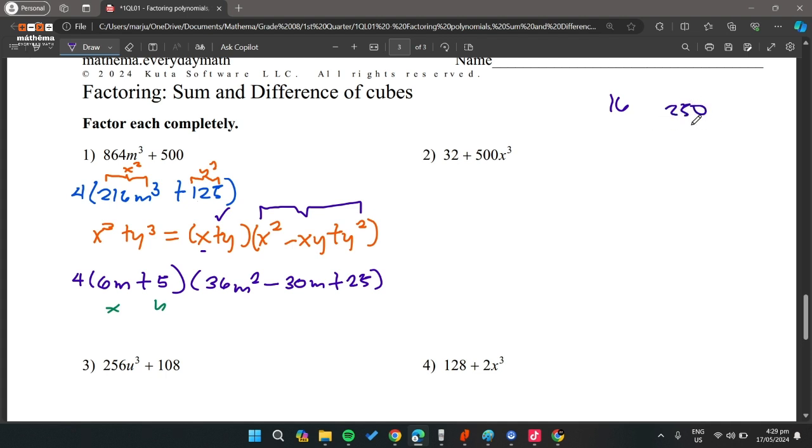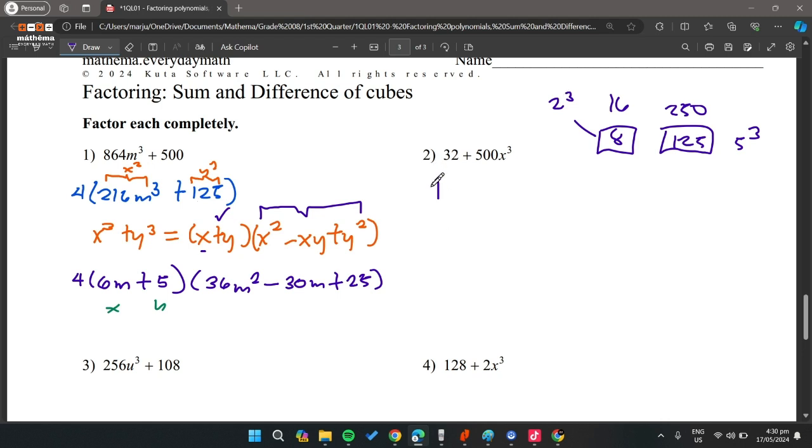This is still factorable by 2. So, this is now 8 and 125. And again, we have this number, 125. We know that this is 5 cubed, and 8 is a cube number, right? This is just 2 cubed.